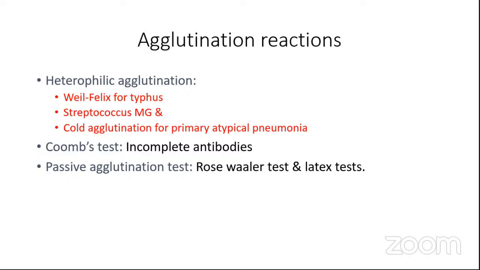So then you have the passive agglutination test, where this property of the antigen, conversion of a soluble antigen to a particulate antigen by coating it with latex, RBCs, beads, etc., is called the passive agglutination test.